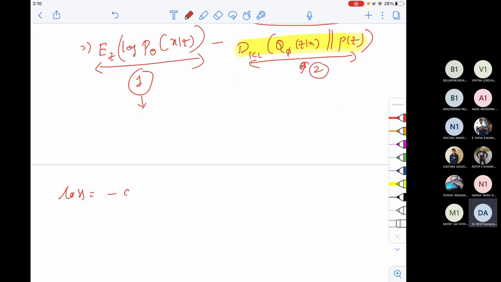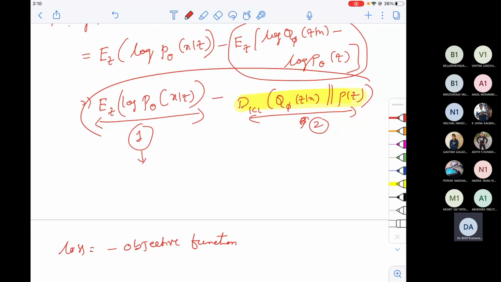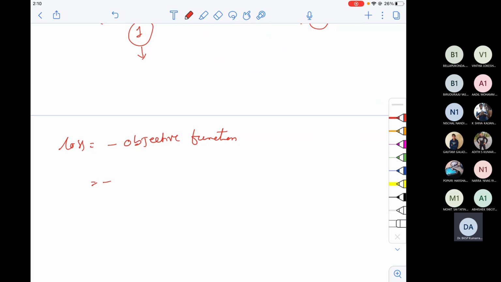Because it's a loss, I apply minus to the entire term, because I want this entire term to be minimized, not maximized. Now I put the minus in the entire equation and write the same thing again.